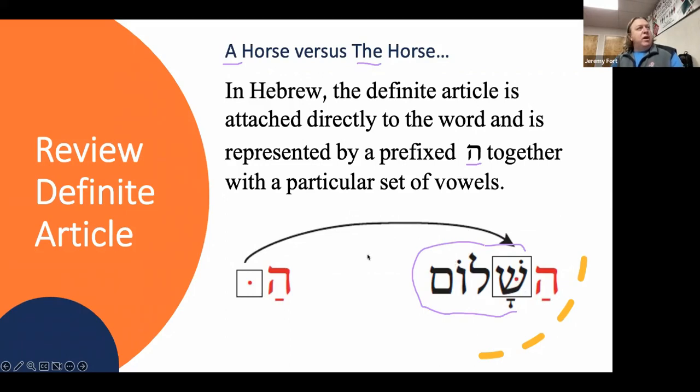I didn't put them in here, but the reason we memorize gutturals is, if I've got the word for food, ochel, in here, and I want to say the food, I need to prefix it with a hey, but my aleph is going to reject the dagesh. It won't take it. The gutturals do not take a dagesh.